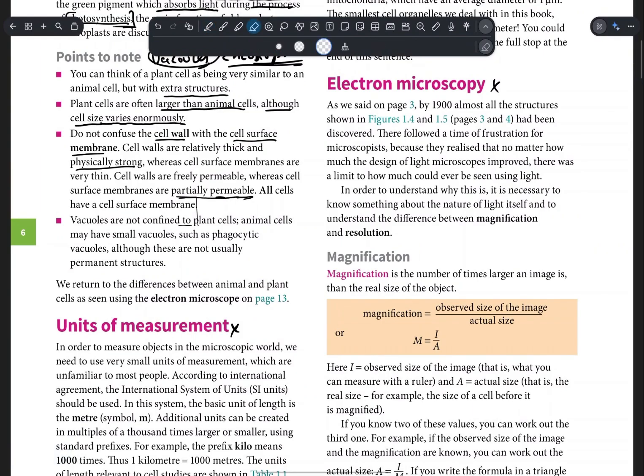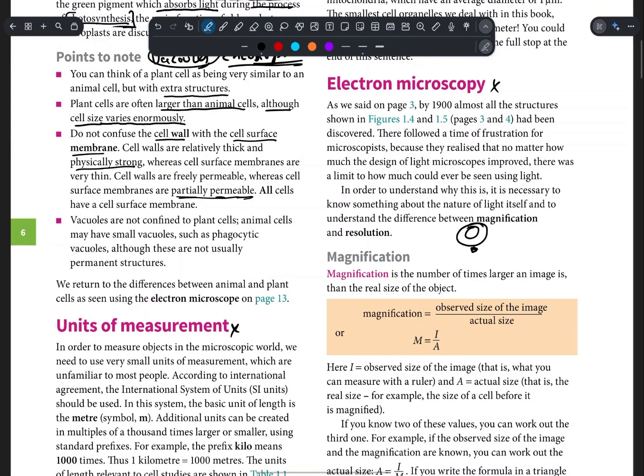So, they are not partially permeable; they are only selectively permeable. And if you ask me what is the difference between partially and selectively permeable, a partially permeable membrane lets some compounds go through it, but it does not let another type of compound go through it. A partially permeable membrane can be one which has big holes and small holes.